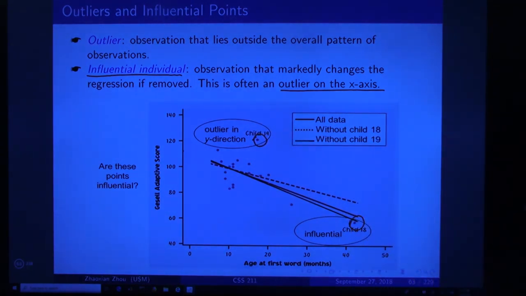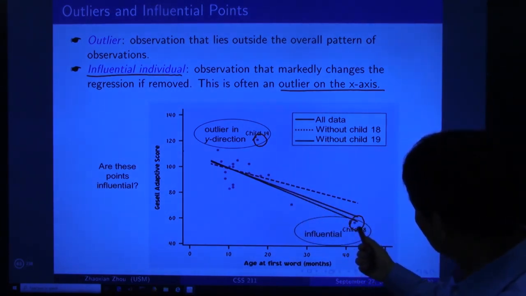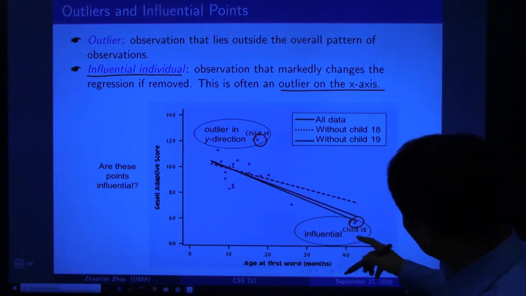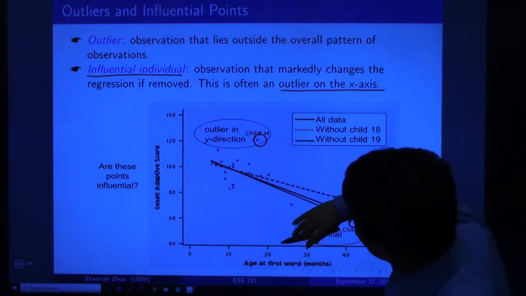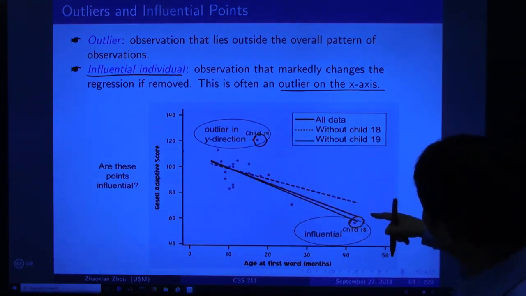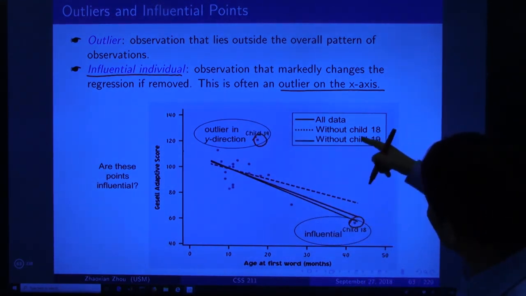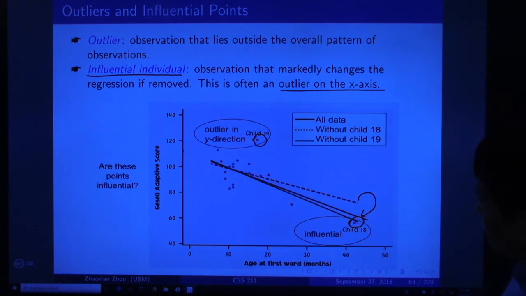And if we exclude this point, we do not use this point except this one, and try to find the least square regression line with all these other points, that one will be 18, right? It will be the dotted line, this one. So this is without this point.